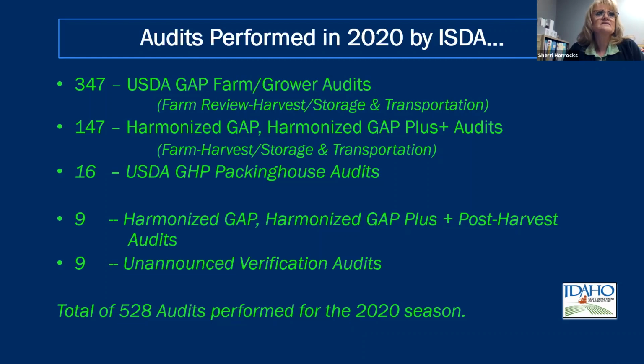We also performed 16 USDA GHP, which is good handling practices, packing house audits, 9 harmonized GAP Plus post-harvest packing house audits, and 9 unannounced verification visits, for a total of 528 audits performed for the 2020 season.